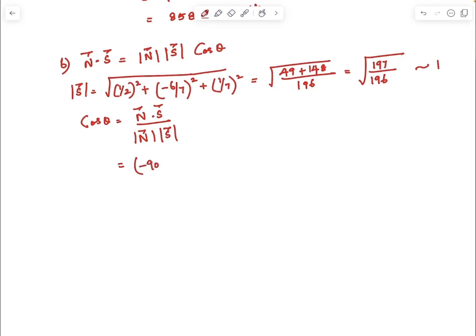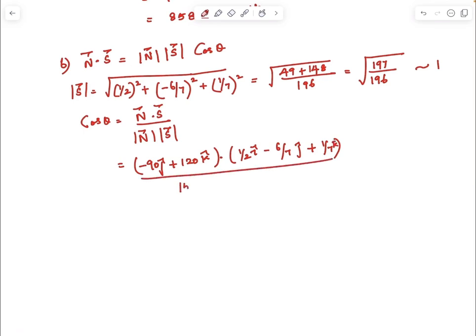N is minus 90j plus 120k dot half i minus 6 by 7 times j plus 1 by 7 times k, by n's magnitude is 150 and s we got it as 1 approx value.